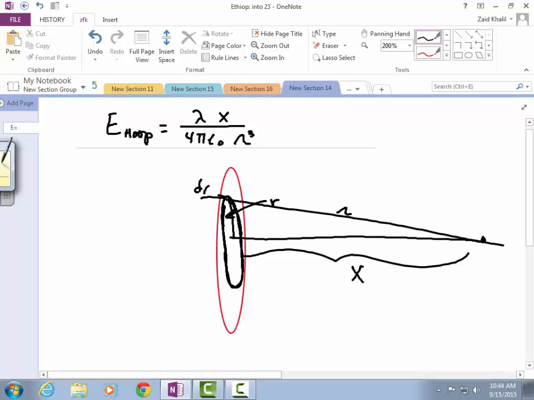You're supposed to keep x squared plus r squared. So this is then going to be lambda x over 4 pi epsilon 0 times x squared plus r squared, to the 3 halves, right?